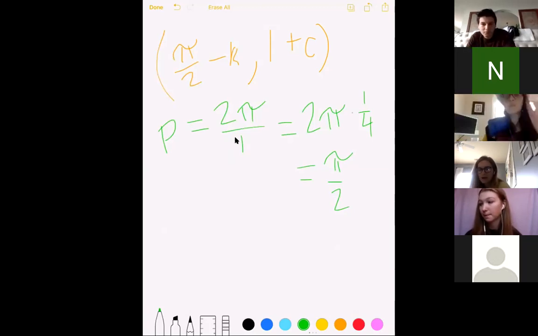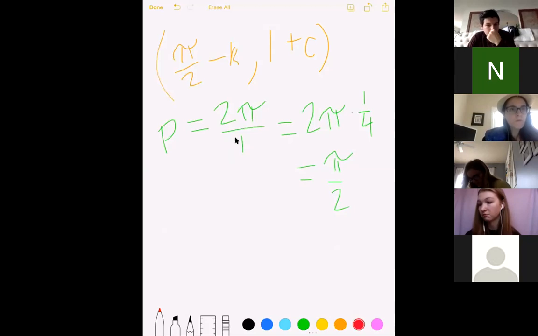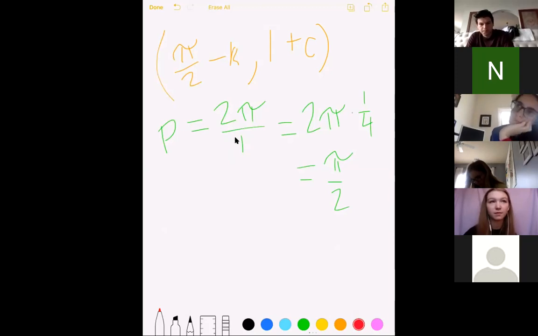Is it 0, pi, and 2 pi? Okay, so I think I can find K first. So how can I find the x coordinate of A based off of the graph?